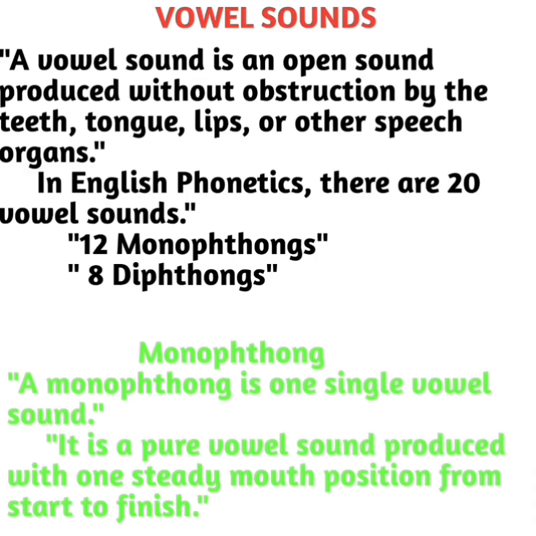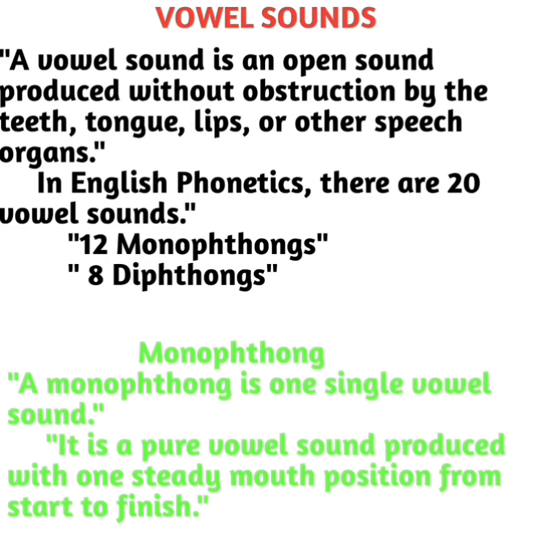So whenever we pronounce a sound in English without using any of these mentioned organs, it means we are pronouncing a vowel sound. That is all about vowel sounds. In the English language, we have 5 vowel letters but 20 vowel sounds, and all these 20 are going to be examined. So let us start like this.